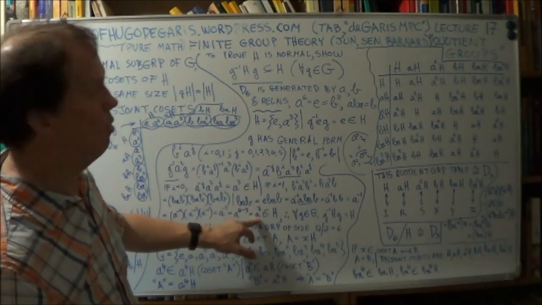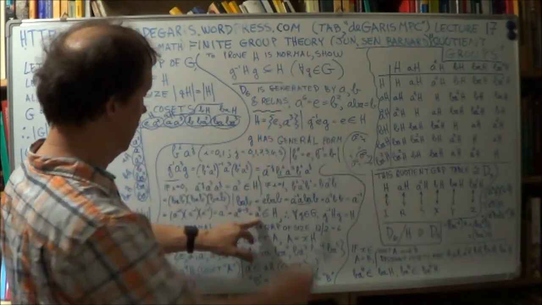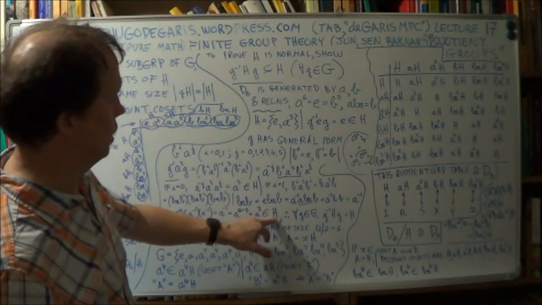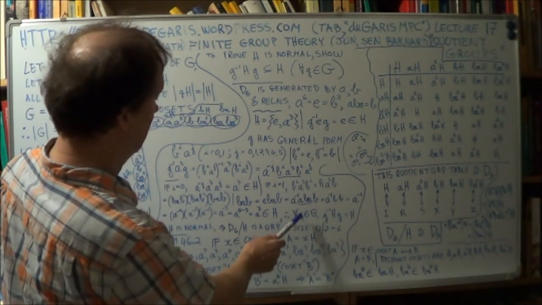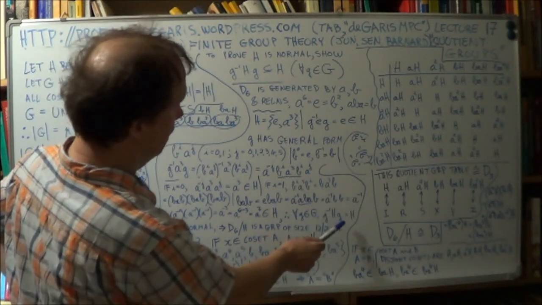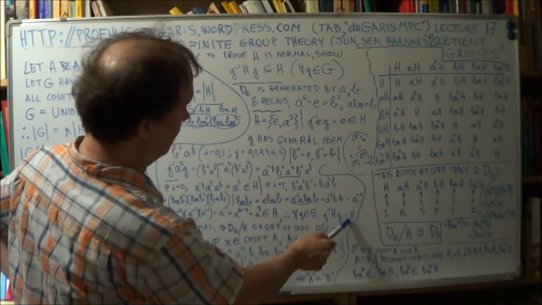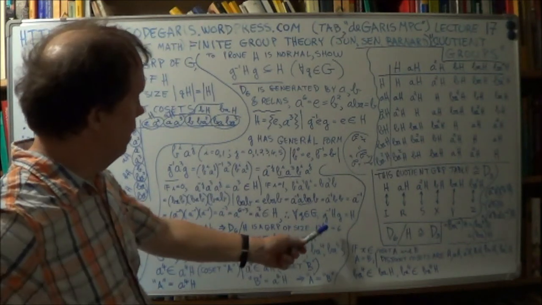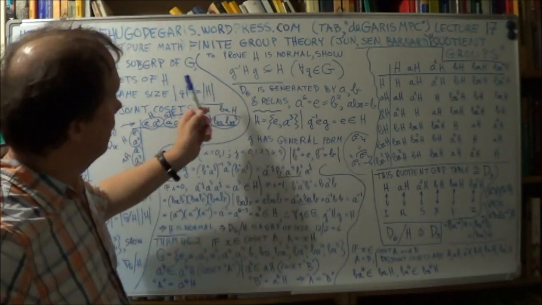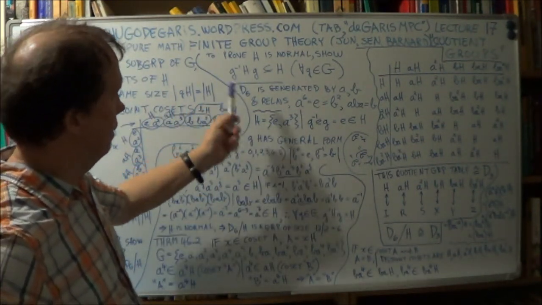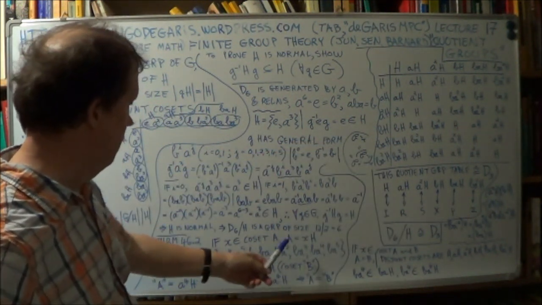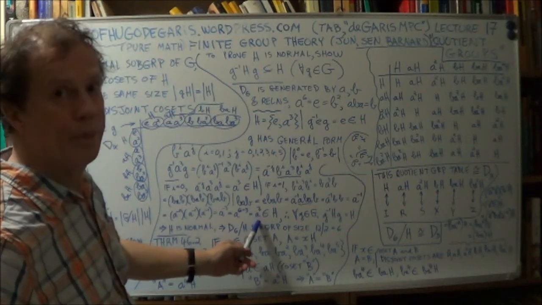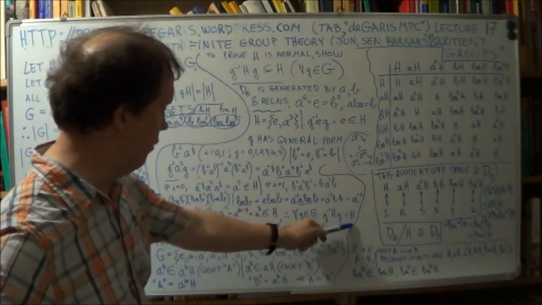Aha! a cubed is one of our members of H. So a cubed belongs to H. Alright? Therefore, for any member of G, we've got this. We've covered all cases, and the results are either e or a cubed. Okay? So we've got that.